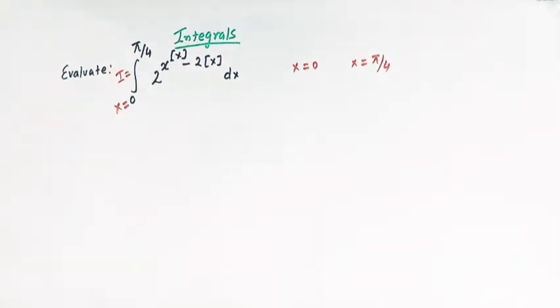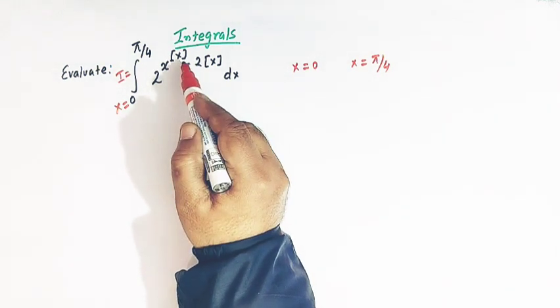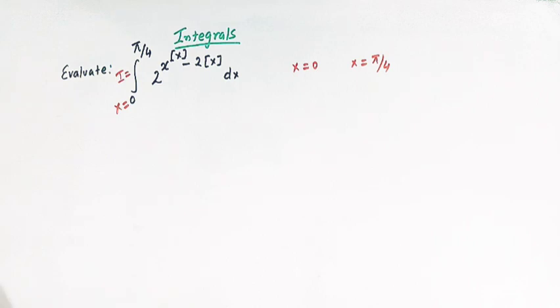Whenever we come across the greatest integer function, the prime objective is to search for integers, right? Whenever we have greatest integer function, we always go for the integers.